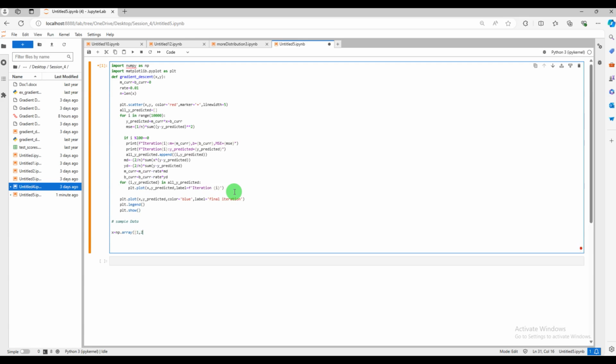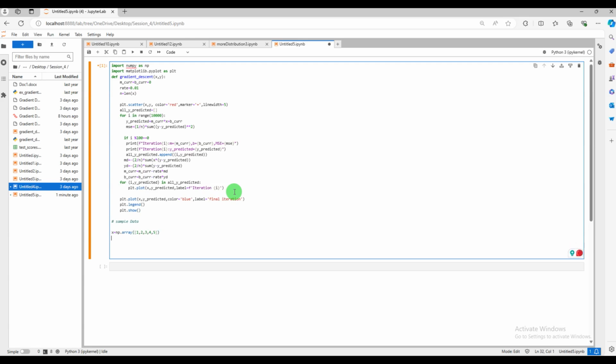For example, 1, 2, 3, 4, and 5. Enter. y equal np.array 5, 7, 9, 11, and 13.